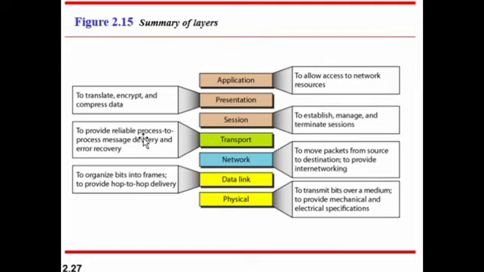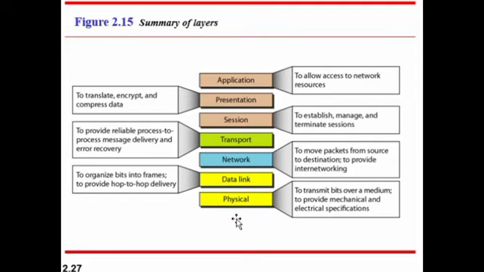Then the network layer is responsible for moving the packets from source to destination, right? The data link layer organizes the frames to provide hop to hop delivery. The physical layer transmits the bits over a medium and provides mechanical and electrical specifications. So we have already discussed all this previously, but this is a summary of the functions of all the layers.